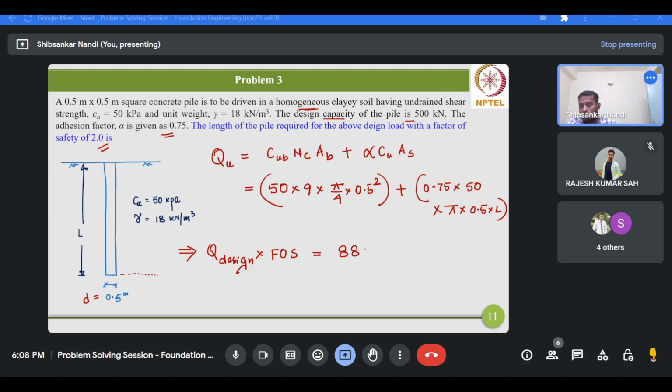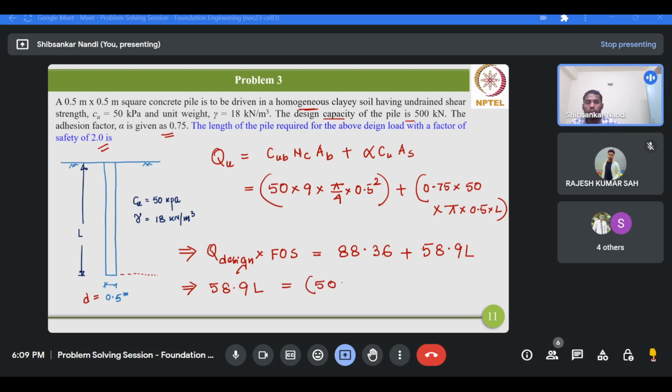So I think it would be 88.36 plus 0.75 into 50 into pi into 0.5, that means 58.9 L. If you simplify this equation further, Q design is given as 500 into 2, oh sorry, it will be in the reverse way.